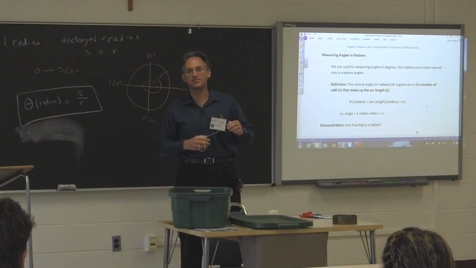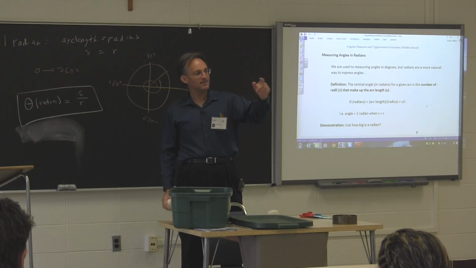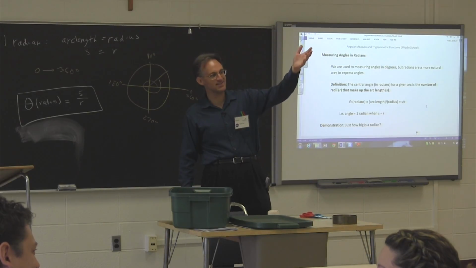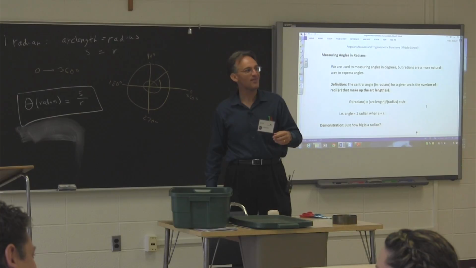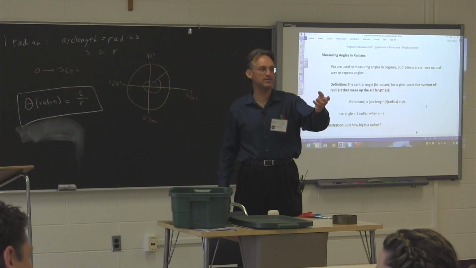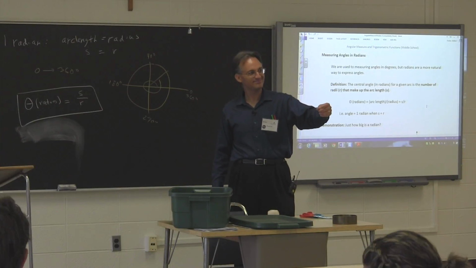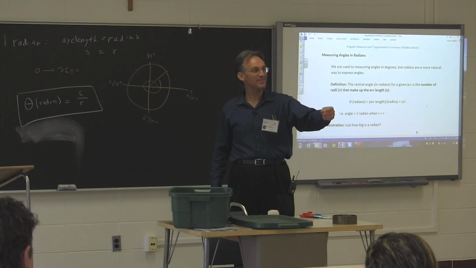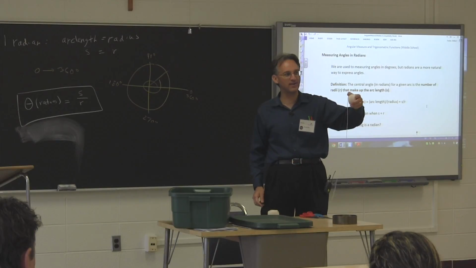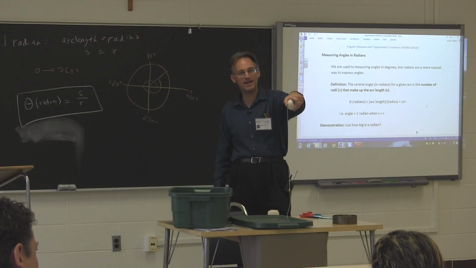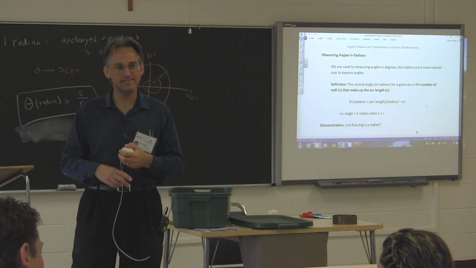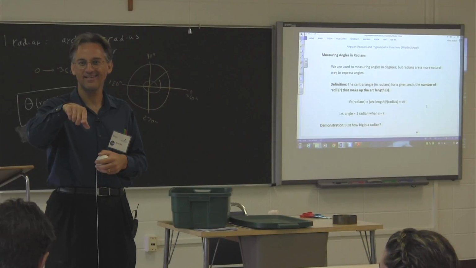For now we'll just do whole numbers of radians. Which value of radians do you want to demonstrate? Okay, 5. You're going to do 5, so you have to figure out how to demonstrate 5 radians. We'll do 2, and 3.